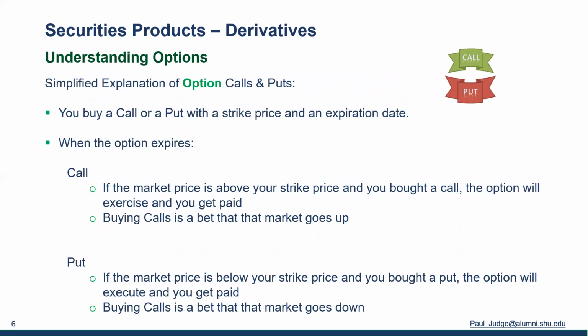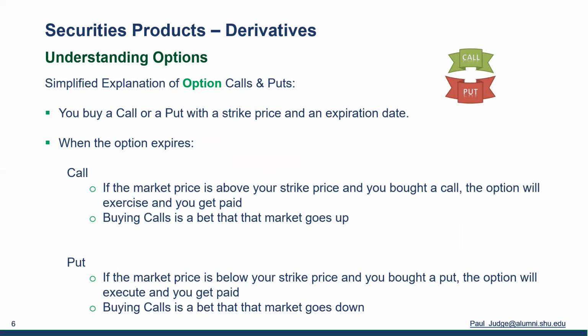Simplified application. Again, I'm going to say a lot of this repetitively. You buy a call or a put with a strike price and an expiration date. That's always the case. Whether it's a call or put, it always has a strike price and an expiration date. For the call, if the market price is above your strike price and you bought a call, the option will exercise automatically and you will get paid.